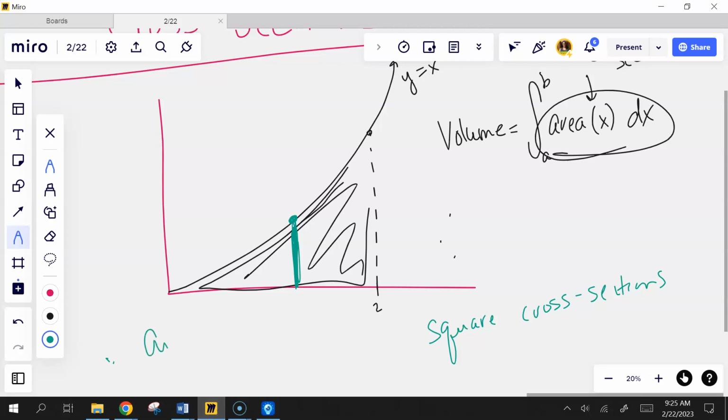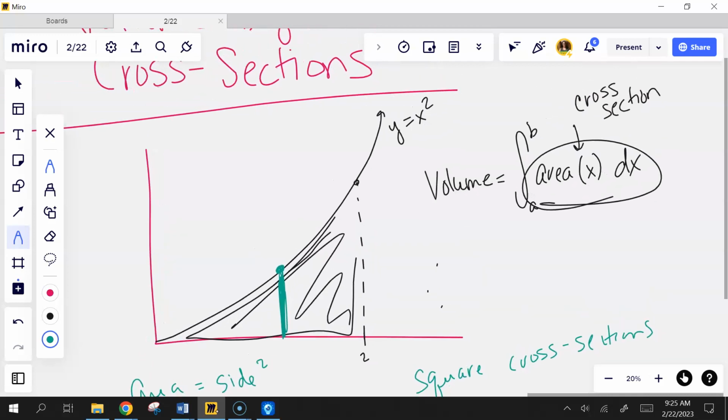How do you find the area of a square, first of all? It's a square, so the length and the width are the same. So just the side squared, right? That's the area. Everybody in agreement? Now for this particular square, what's the area?